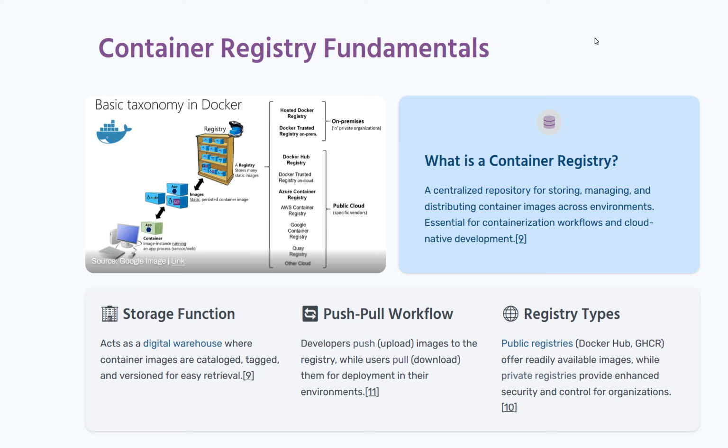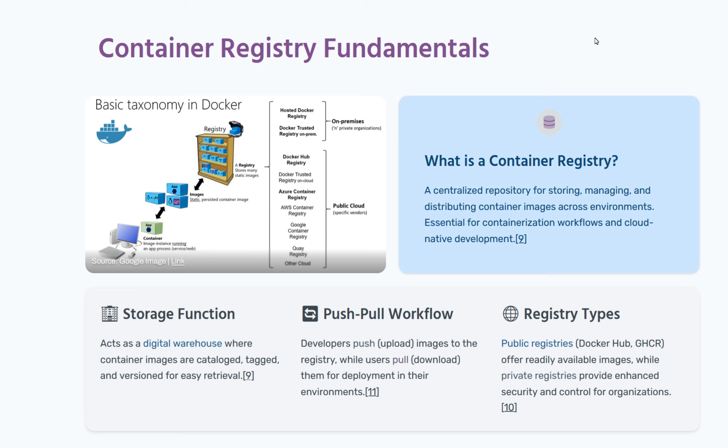For registry types, you have public registries like Docker Hub and GHCR, which offer readily available images, while private registries provide enhanced security and control for organizations. So if you think public registries like Docker Hub are not good for you security-wise, you can keep a private registry only for your organization to download from, right?